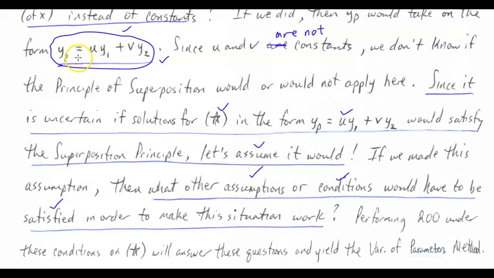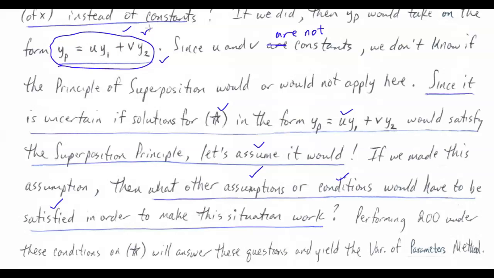So we're going to say that we can have multiple solutions that act like this. If I say all that is true, then what other conditions am I going to have to satisfy, and what other assumptions am I going to have to make in order to make that work? Because what we're going to find out is that this could possibly work, but I'm put inside of a box.